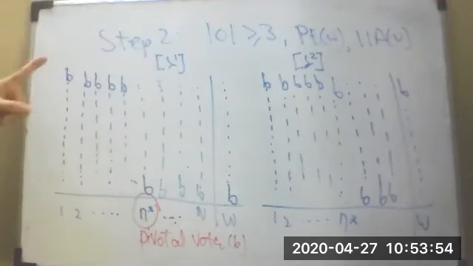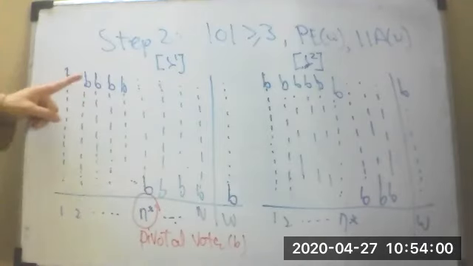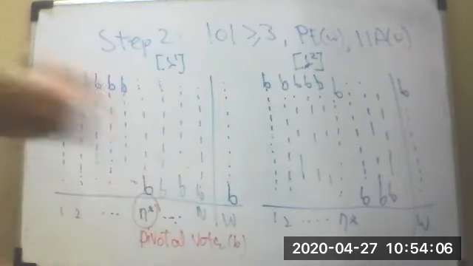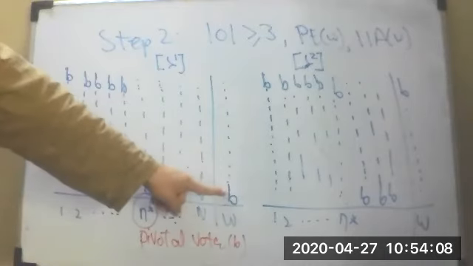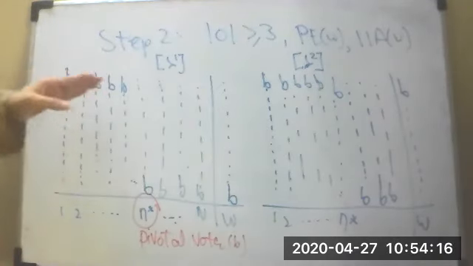That's because in step 1 we had already proven that if all the agents rank the candidate B either at the top or at the bottom, then in the social welfare function, it should also be at the top or at the bottom. And in both these preference profiles, B is at the extremal positions.